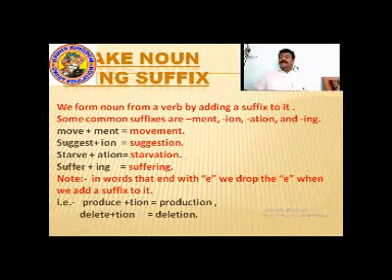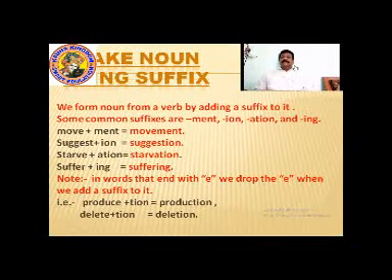These are the suffixes. In produce, we have removed that e and added tion, production. Produce plus tion, what does it become? It becomes production. Delete plus ion becomes deletion.